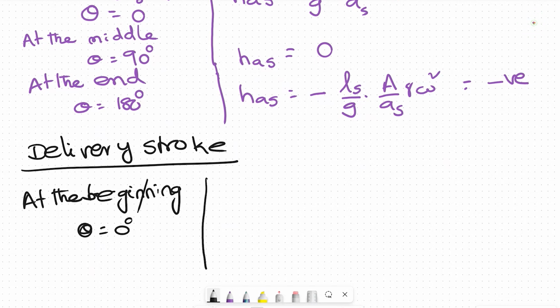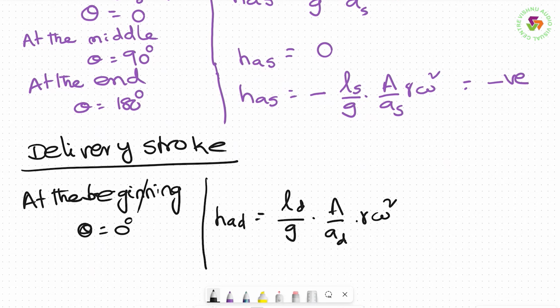There HAD is equal to Ld by g, A by Ad into R omega square, because cos 0 is 1.